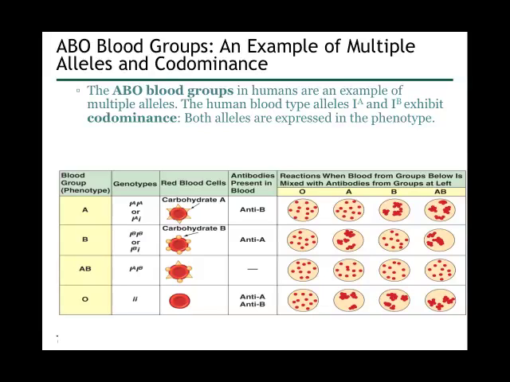The ones that are not compatible in those pictures on the right are the ones that clumped or interacted. That's because the antigens and the antibodies were not compatible. And that's what happens, and that's why those people die.